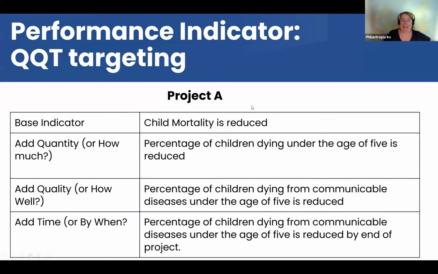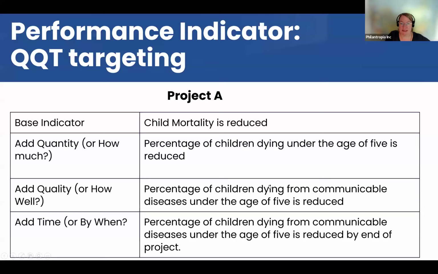The base indicator that you want to achieve would be child mortality is reduced. If you add the quantity, how much should it be reduced? You add the percentage. The quality, what exactly is supposed to be reduced.